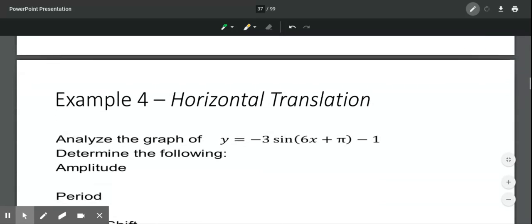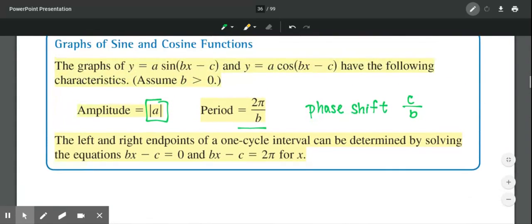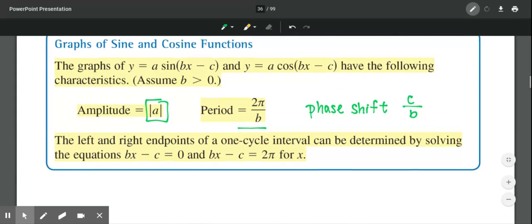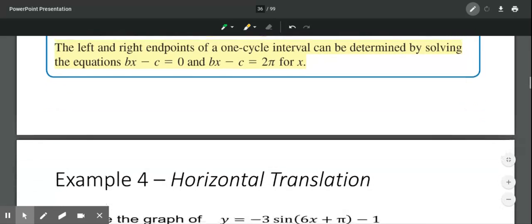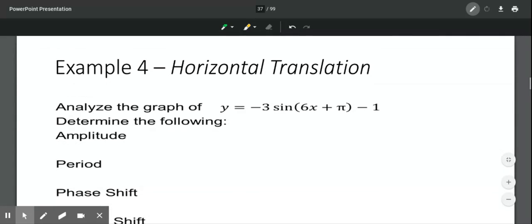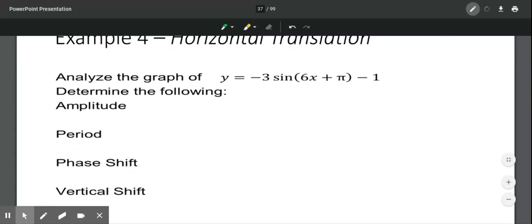And so here, when we look at this, the only thing we haven't talked about, and I probably should have included it in this slide, is that you have your vertical shift, which they use a D for, and that comes up in another slide. But on these, this next one right here, when we talk about the horizontal translation, there is a vertical shift that we'll have to talk about. But let's first go through this.